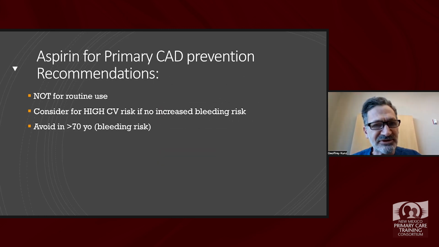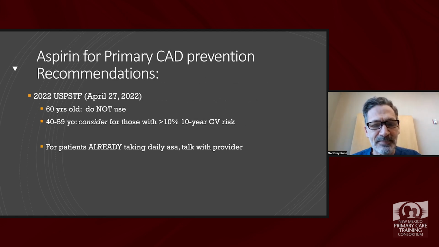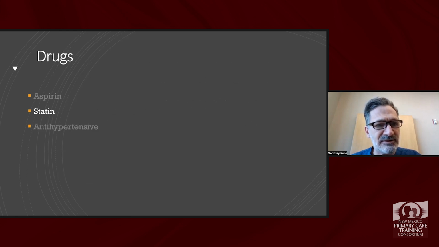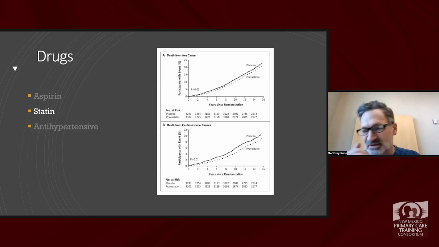All right, I'm going to skip forward a bit here. Okay, so statins. I think statins really are the best thing that we have if we're going to give someone a drug to reduce their risk of having a coronary event.